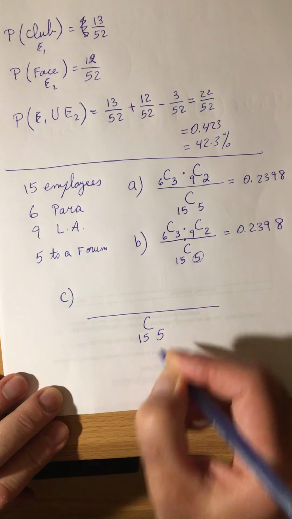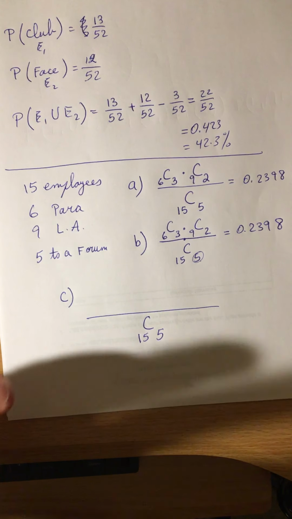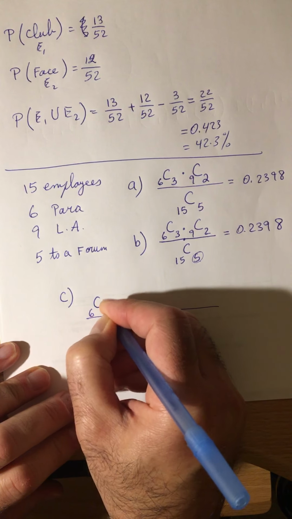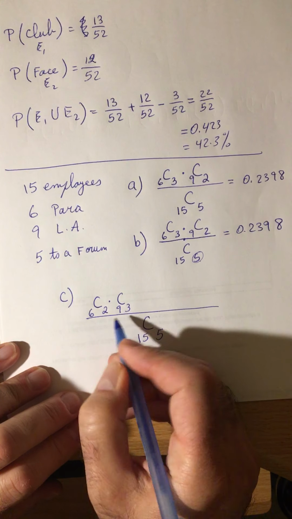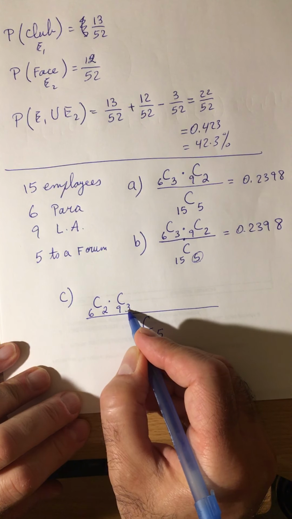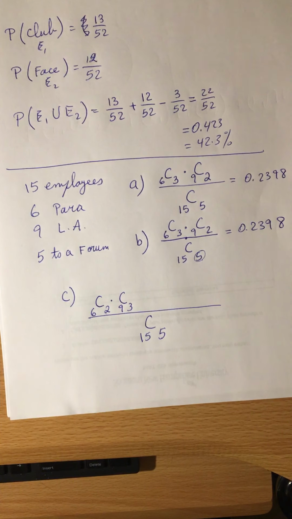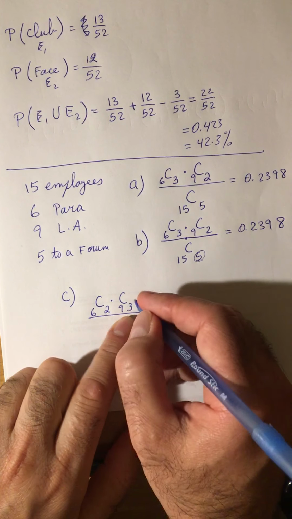We are sending 5 out of the 15 employees. Sending at least 2 paralegals. So if I'm sending 2 paralegals, how many legal assistants am I sending? 3, right? Because 2 plus 3 gives me 5. So if I'm sending 2 paralegals, then I'm sending 3 legal assistants.